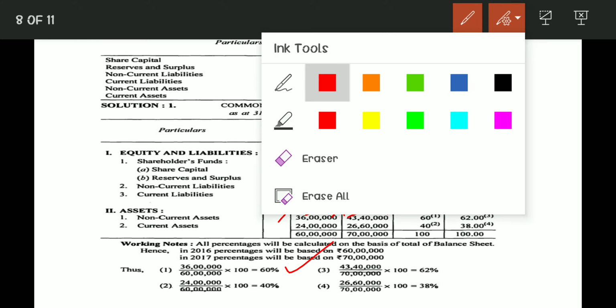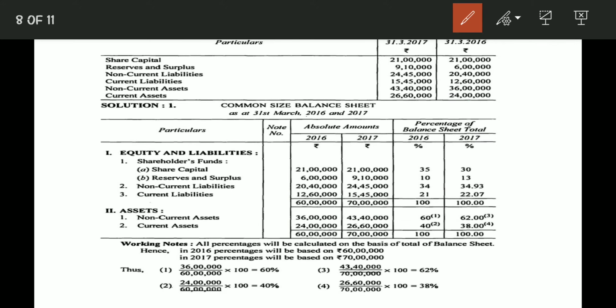And the last is 15 lakh 45,000 is divided by 70 lakh, that is 22.07.